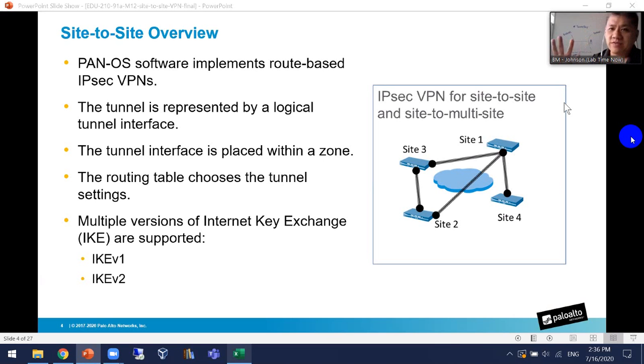We only have route-based VPN. Second, your tunnel will be a logical tunnel interface. Your tunnel interface will have a zone because we need a zone to help us with our security policy. The routing table will choose the tunnel settings. Of course, we do V1, V2.